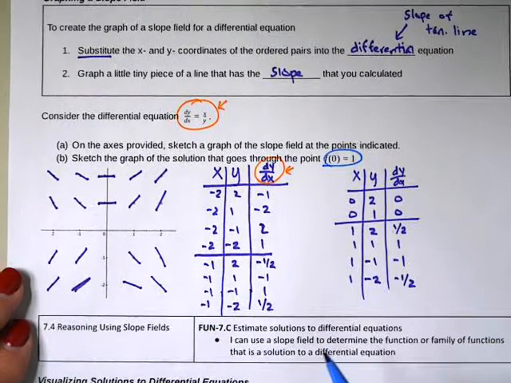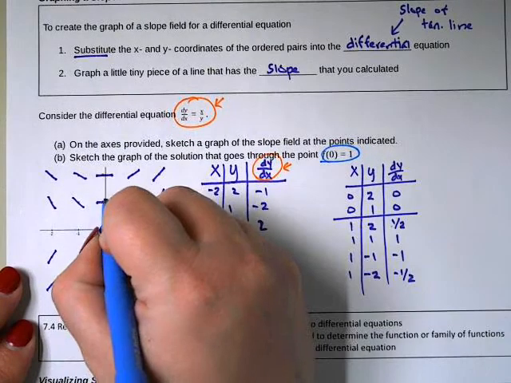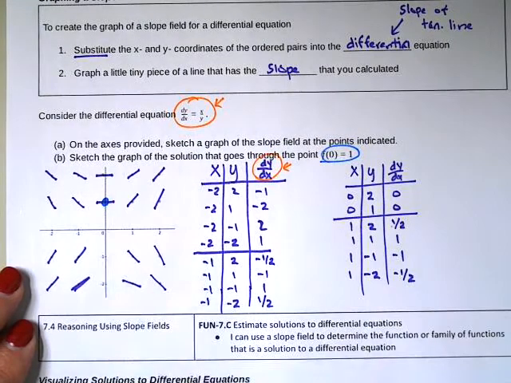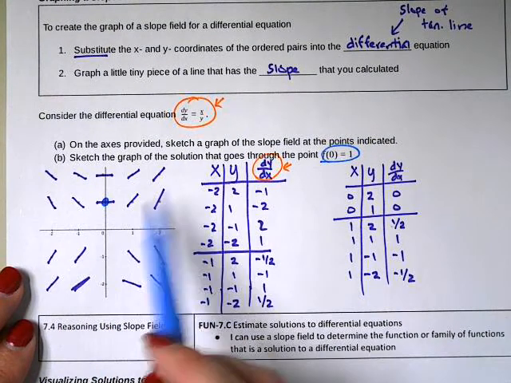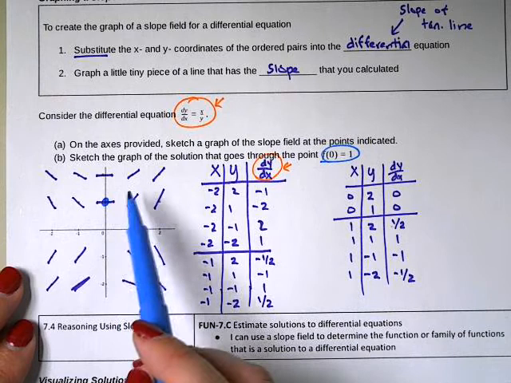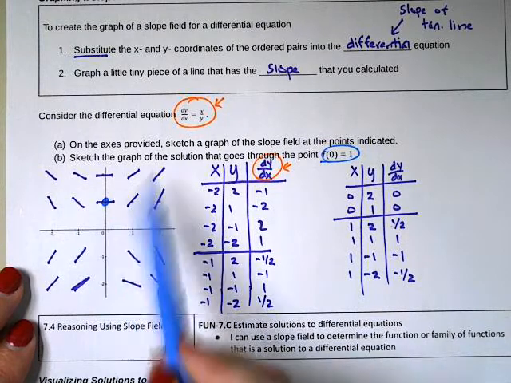So in order to do this, the first thing we're going to do is put a point on (0, 1). Now we need to find a solution that is going to match this slope field. So all we're going to do is kind of follow what's going on here.